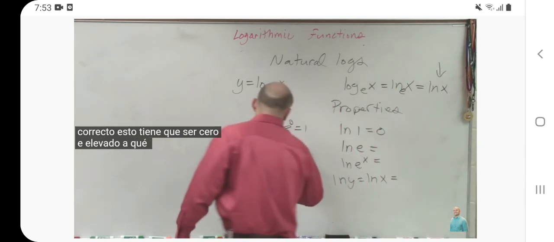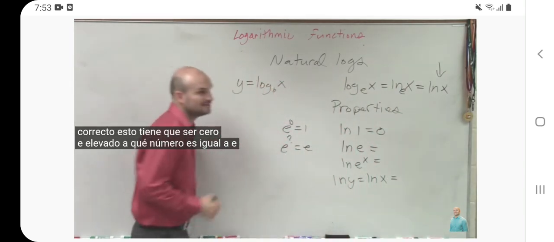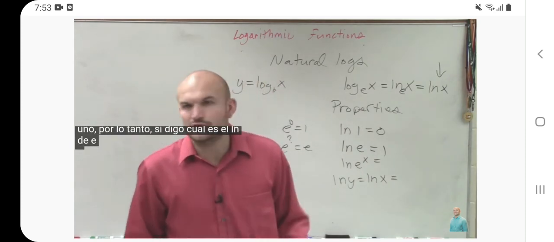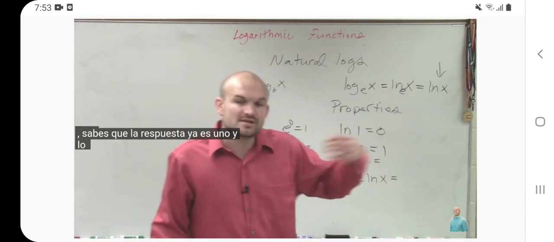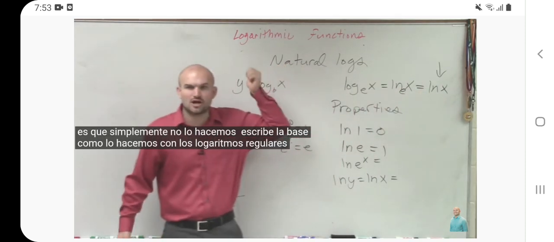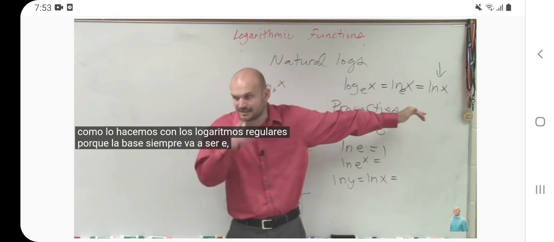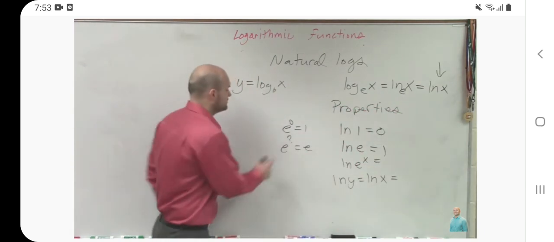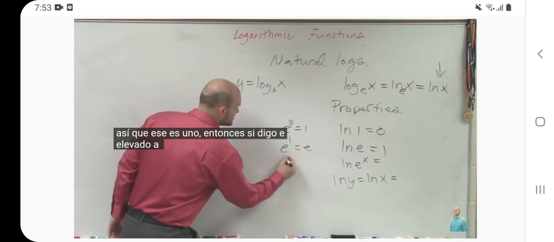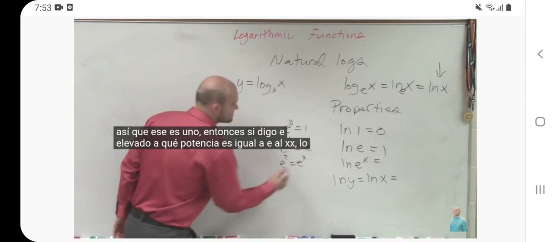E raised to what number equals e? 1. So if I say, what's the ln of e? You know that answer is already 1. And what's confusing mostly about ln is that we just don't write the base like we do with the regular logarithms, because the base is always going to be e. So that's 1. Then if I say e raised to what power equals e to the x?